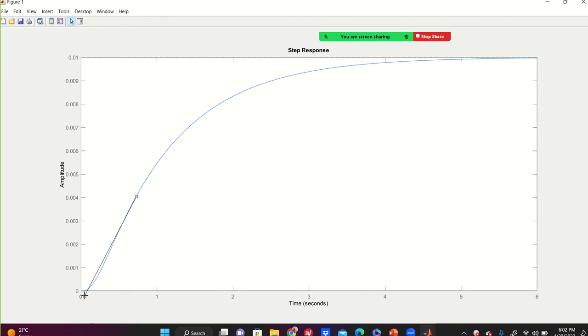Because I told you, we have to find the inflection point of the system. Here it is, this is the inflection point. Yes, we are doing that.